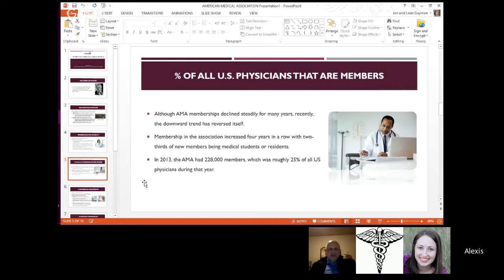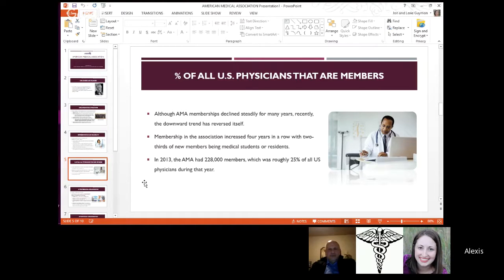Okay, so the percent of all U.S. physicians that are members. For many years, the American Medical Association saw a decline in membership, but recently that downward trend has reversed itself. Membership in the association has increased for 4 years in a row, and that was in 2013, the most recent data I could find on that.